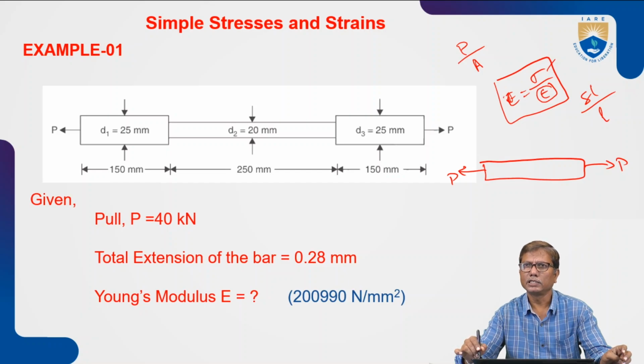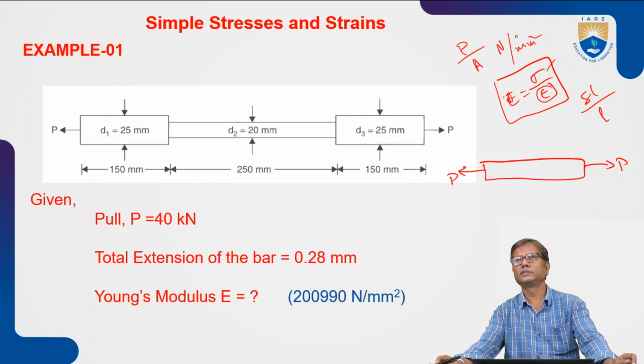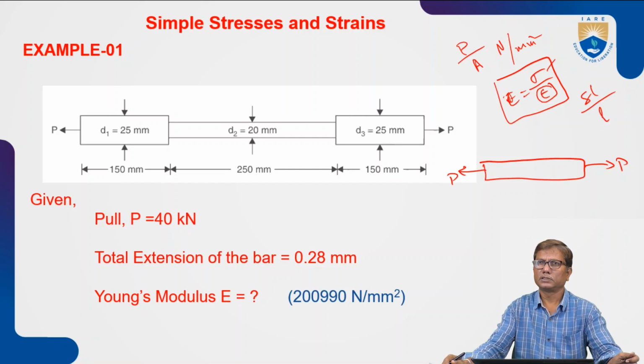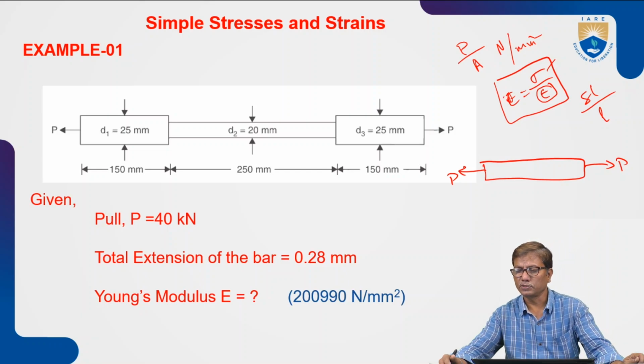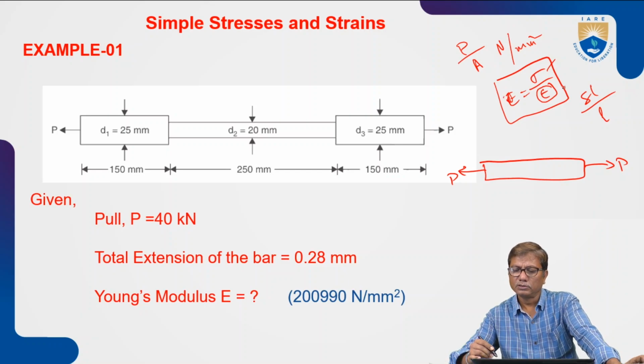The load acting over unit area. So it will have the units of Newton per mm square or kilonewton per mm square, kilonewton per centimeter square or meter square, whatever. So it will have the units of Newton per mm square.